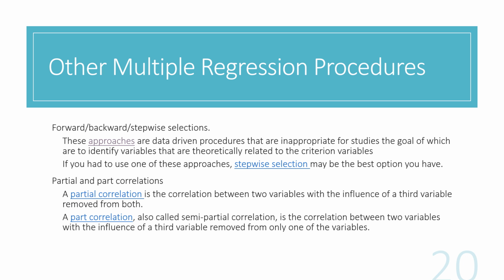If your study is theory-driven, you may choose to include non-significant variables based on theoretical or conceptual considerations. I encourage you to explore the linked videos for more details on those methods. Additionally, understanding the difference between partial correlation and part correlation is necessary, as these concepts distinguish multiple regression from simple regression.